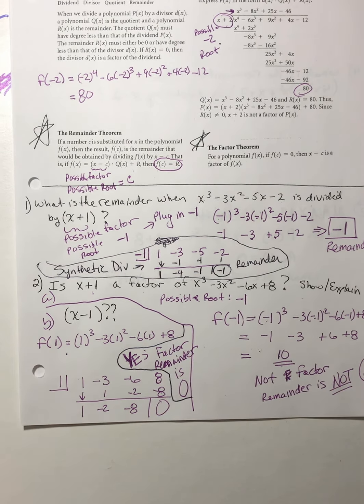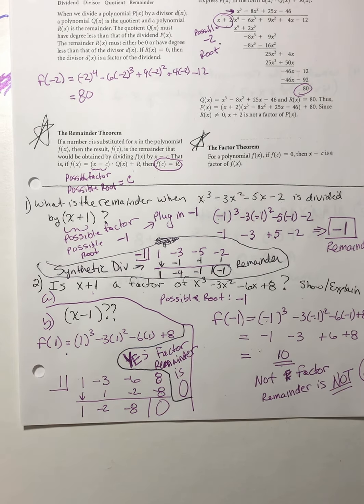Okay, and then you can crunch it out. Type this into the calculator. And the question is just saying, what is the remainder? It's not asking you about factor. Plug this into your handy-dandy calculator right here, just like this, and you get 29. All right, that's the plugging in.